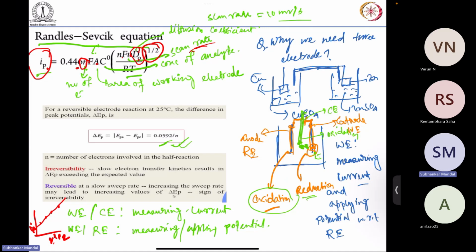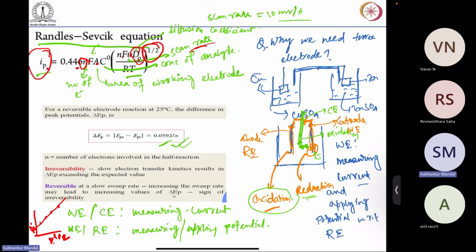Suppose it is going from Fe3+ to Fe2+. Suppose you have taken Fe3+ electrolyte, and you want to see some redox couple.